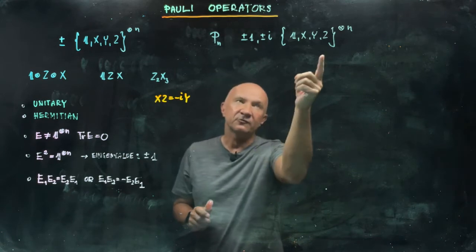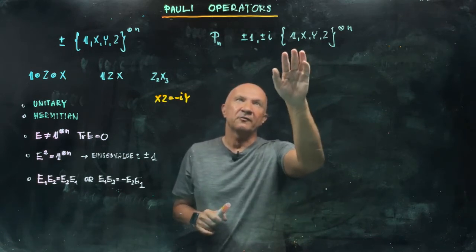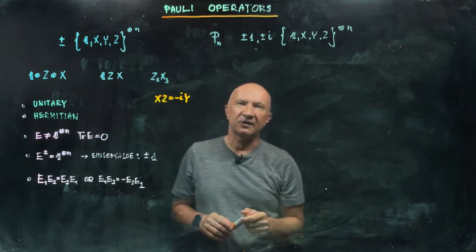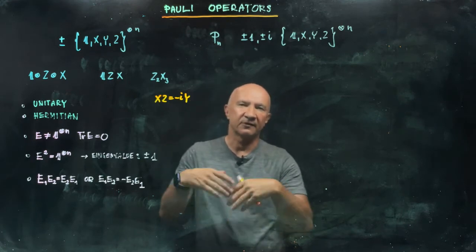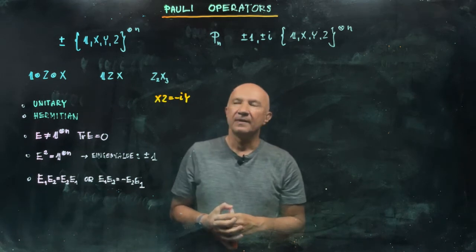So a Pauli group is composed of Pauli operators, including the phase factors plus i and minus i, and plus 1 and minus 1, just to guarantee the closure of the whole algebraic structure.